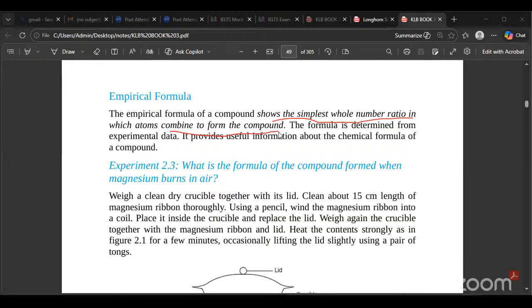Now, I want to be very specific about the words simple whole number ratios. When you talk about simple, the ratios that we are going to find will be, for example, 1 to 2. That is a simple whole number ratio.